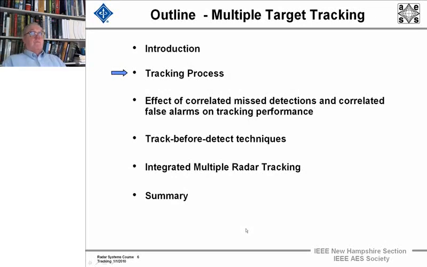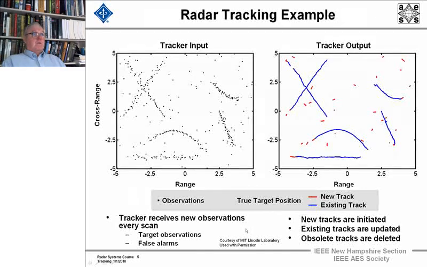Oh, by the way, I want to go back just for a moment and point out, we want to know as accurately as possible the state vector of the target: x, y, z, t, x dot, y dot, z dot. And if it has acceleration, the x double dot, y double dot, and z double dot.